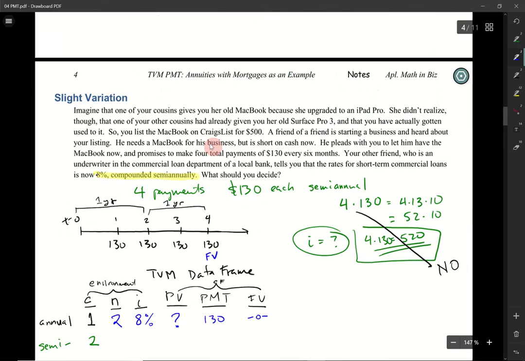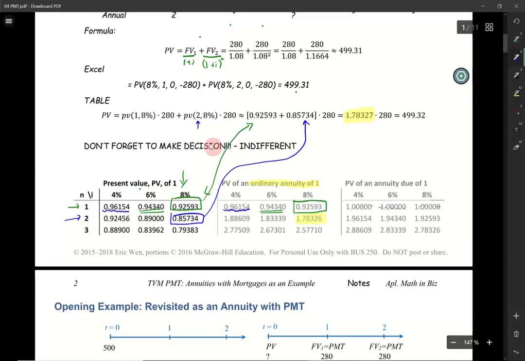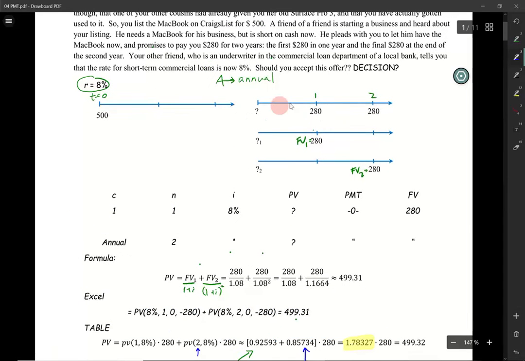That's what we did at the very beginning today, where this is really an annuity, right? But we didn't know it was an annuity yet, so we had this as a single FV, and there's a puka, and then we had this FV at the end. So we did this as 2 FV problems.